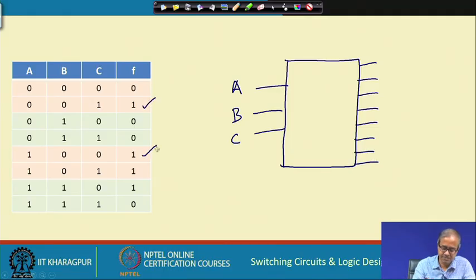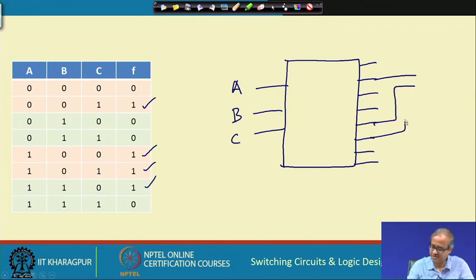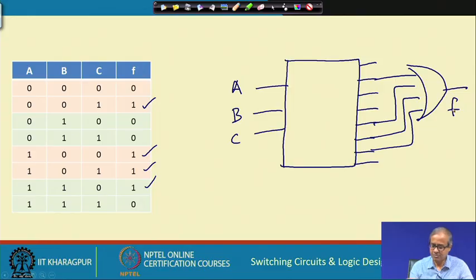Here the true minterms are 0 0 1, which is 1, 1 0 0, which is 4, and 5 and 6. Connect them to the OR gate, and this will be the function. These are also very programmable. The decoder remains the same; only the OR gate and how you connect to it will vary. You can implement any arbitrary function.